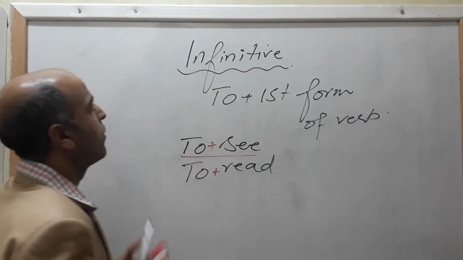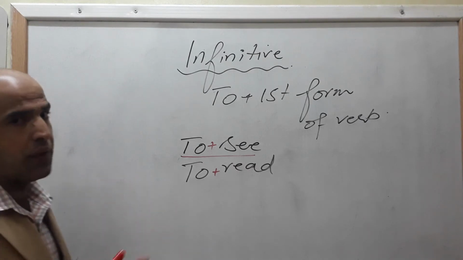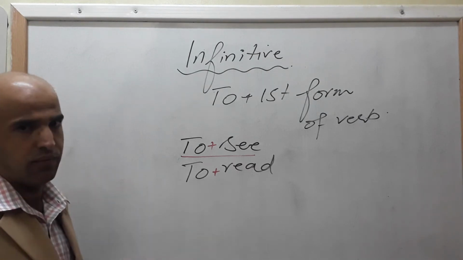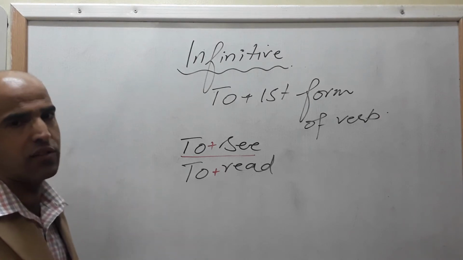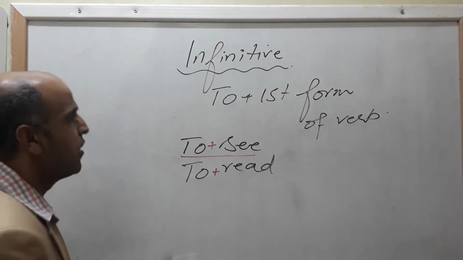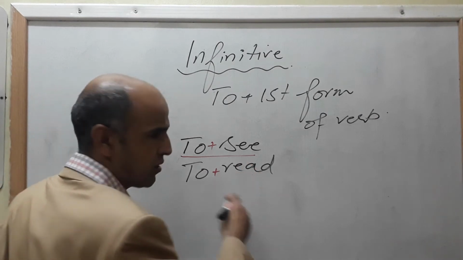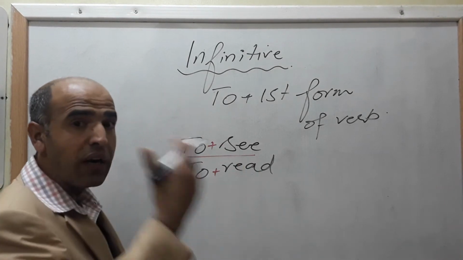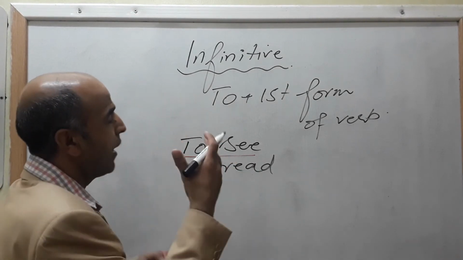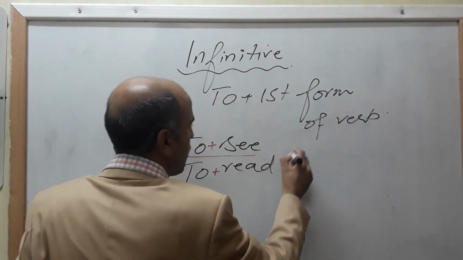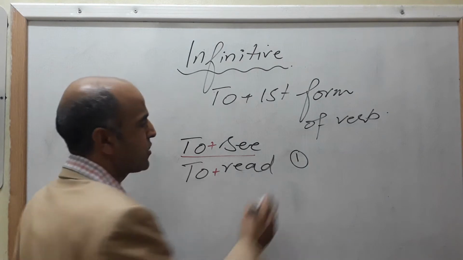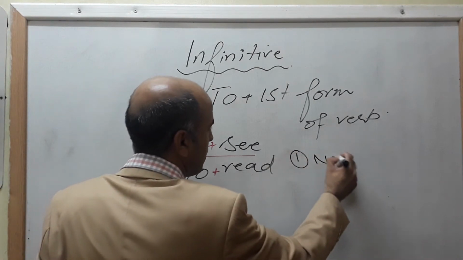Clear? Now, if an infinitive doesn't work as a verb in a sentence, then what does it do? Let me tell you about the functions an infinitive does in a sentence. Number one, your infinitive is used as a noun in a sentence.